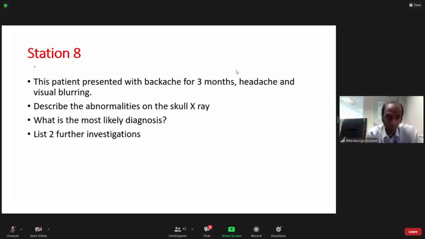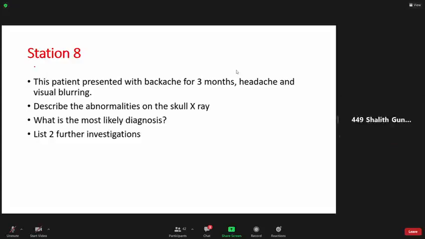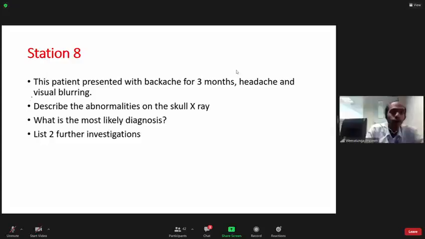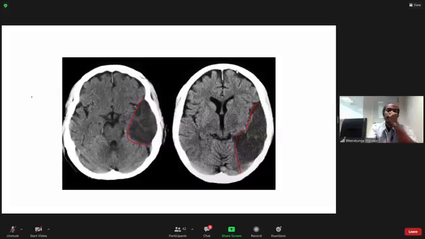Excuse me, sir. Can we consider tumor in that? Yes, sir, there are several reasons why this is not a tumor. If it's a tumor of this size, you will see a lot of cerebral edema and midline shift. That's a good question, actually. Teaching point: cerebral edema, midline shift.